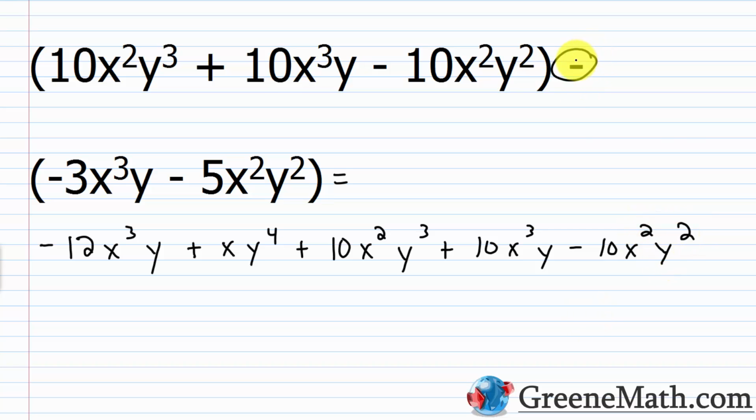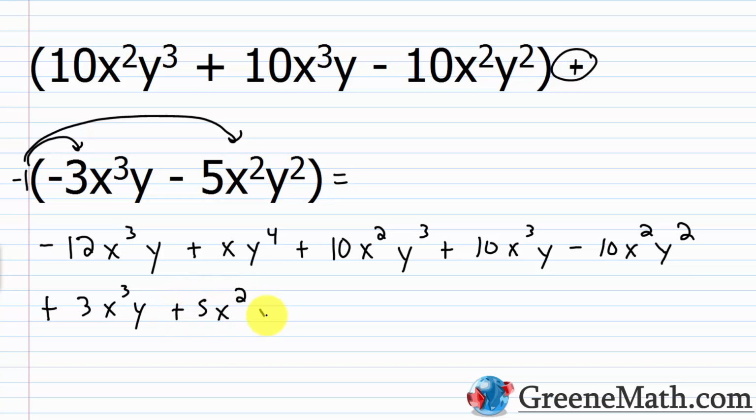Then I have my minus. So I'm going to change that to plus, and I'll put my -1 here. And I'm going to distribute the -1 to each term, and that's going to remind me to change the sign of each term inside of the parentheses. So if I change the sign of this, it would be positive or plus 3x cubed y. If I change the sign of this, I'd have plus 5x squared y squared.